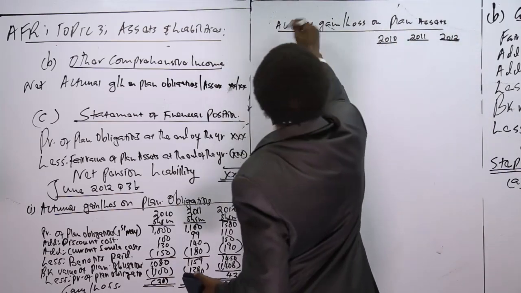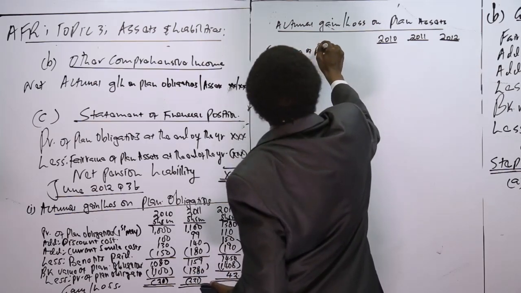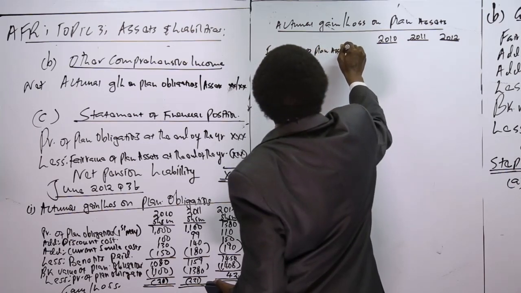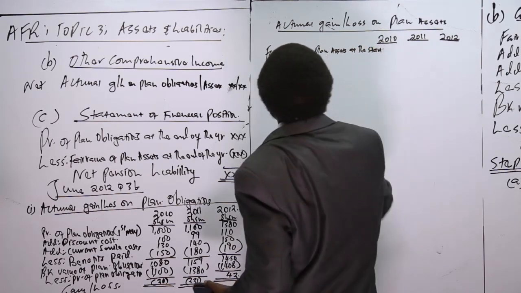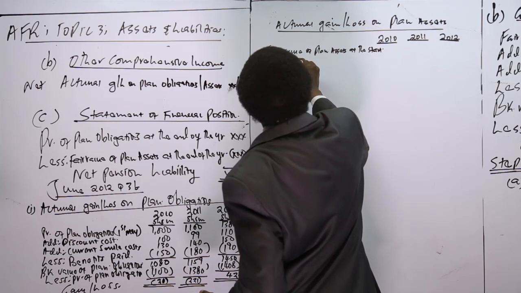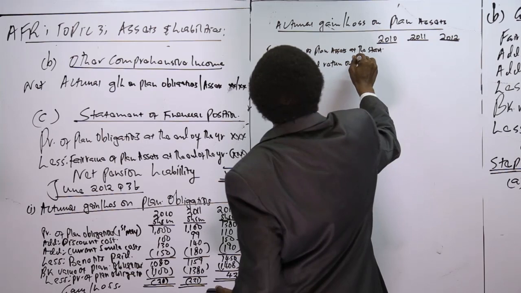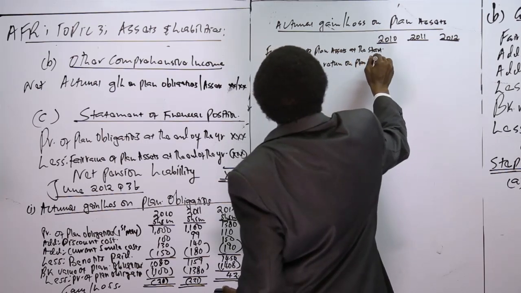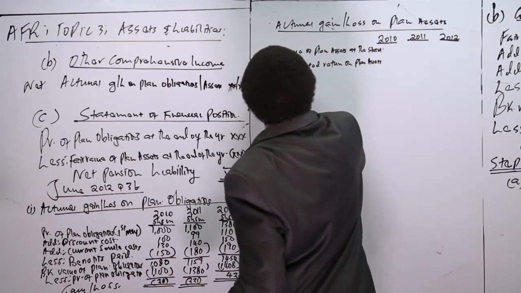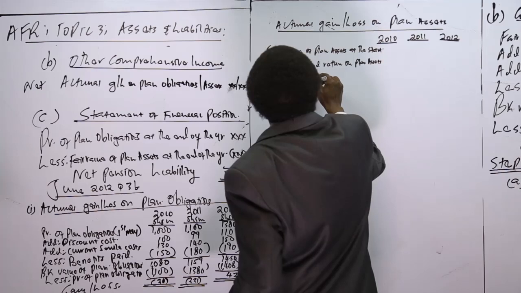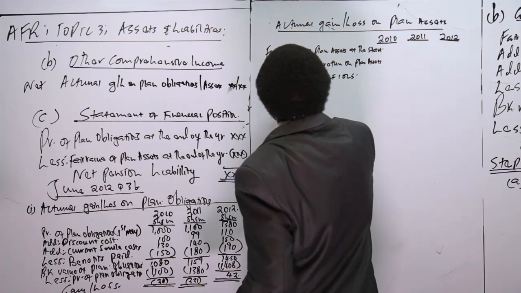You know that we need to start with the fair value of plan assets at the start. Then we also add expected return on plan assets. Then we add the contributions. Then we subtract the benefits paid.